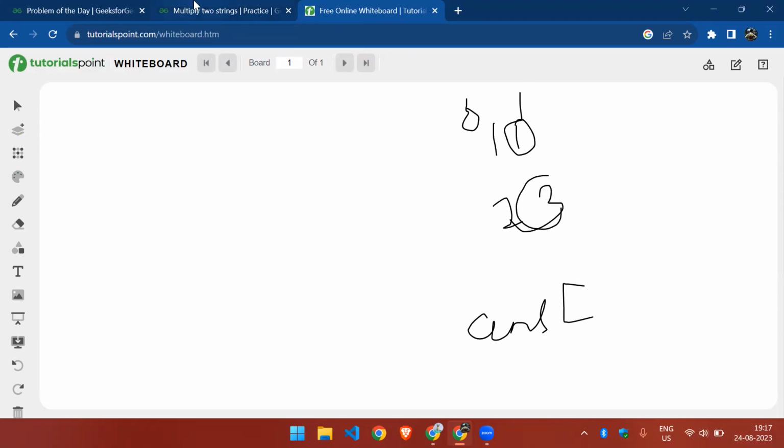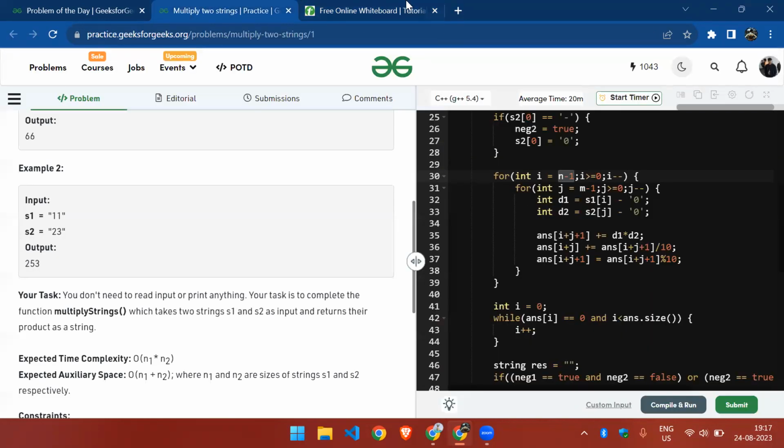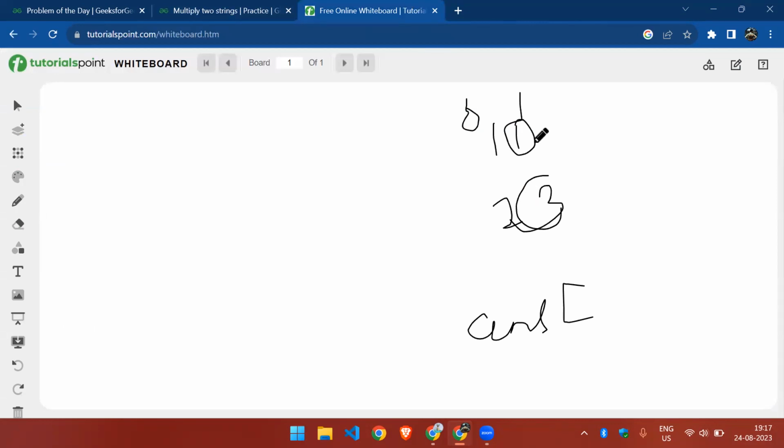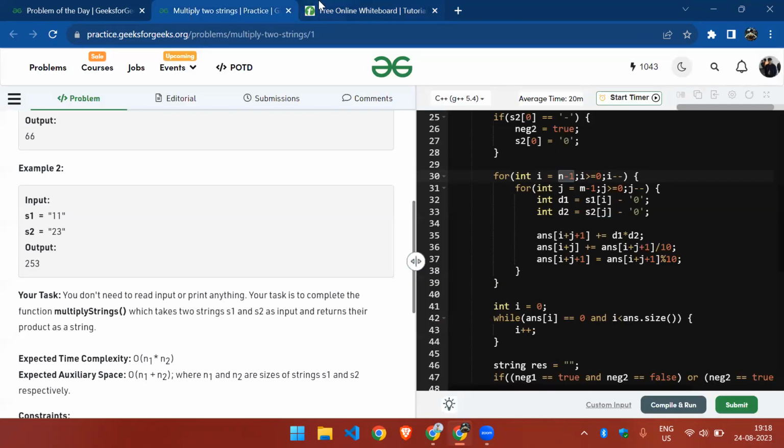So that's why we are traversing from the last. So 3 will get multiplied to 1, and we will store the answer at the index of 1 plus 1 is 2, third index, right? So the result was 253, right?